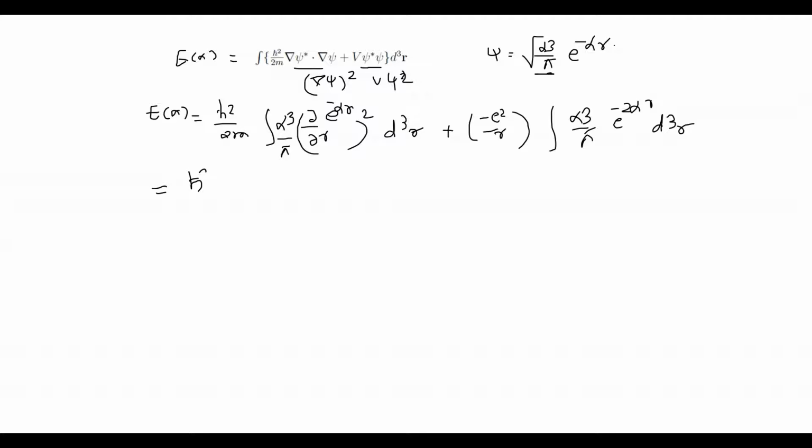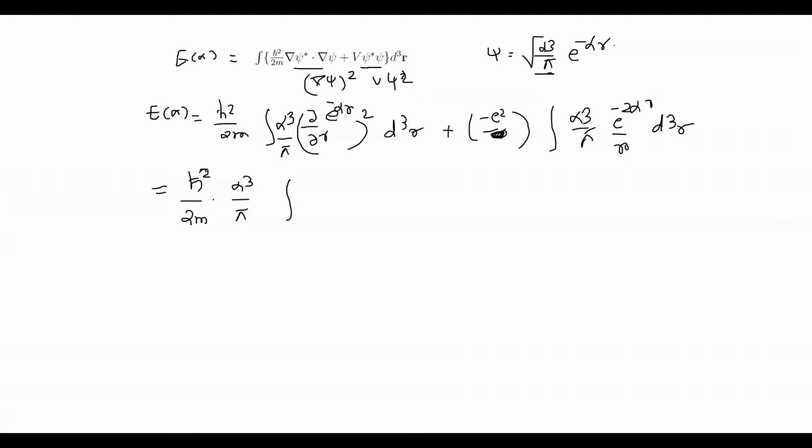And also we will calculate this derivative. The 1 over r will go inside since it is not a constant. So h bar square over 2m, alpha cube divided by pi, and this derivative will be minus alpha e raised to minus alpha r, whole square.